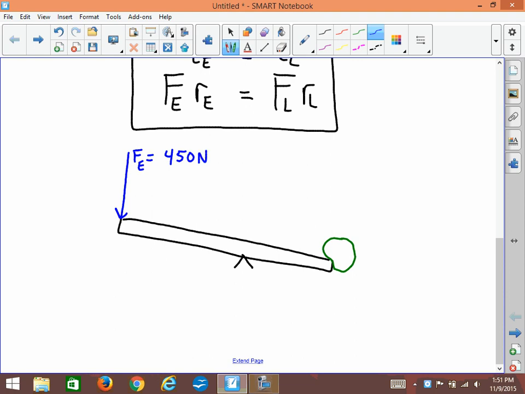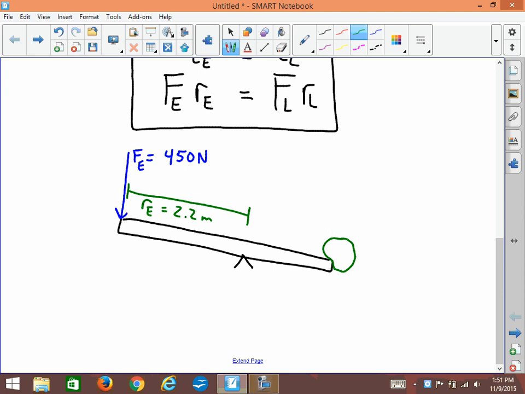Okay? And the length of the effort arm, the distance from this effort force to the fulcrum, so that would be R effort, the effort arm, that's going to be about 2.2 meters, let's say. Nice long stick you're using here.